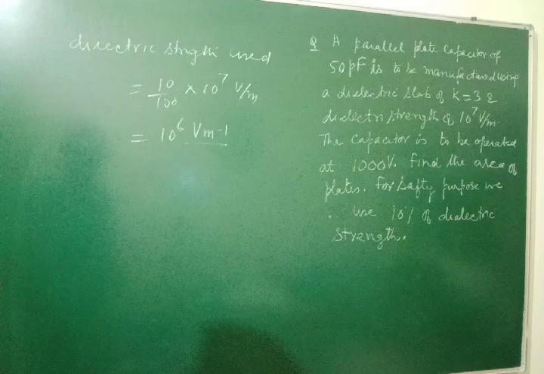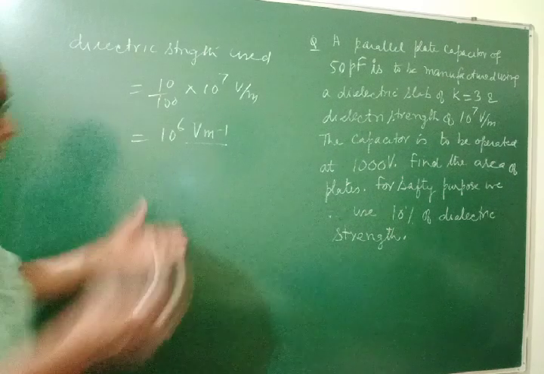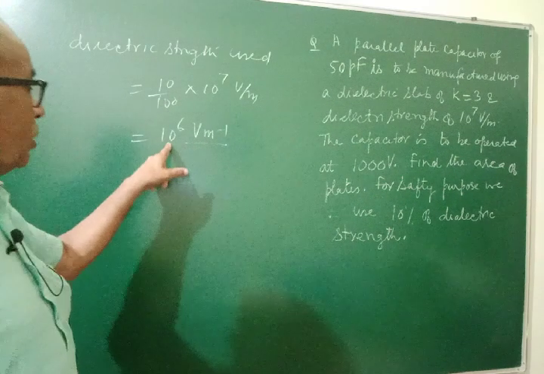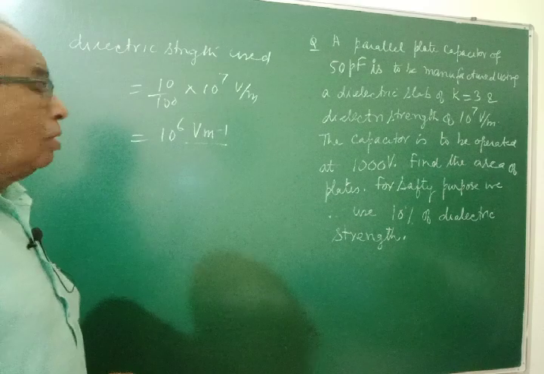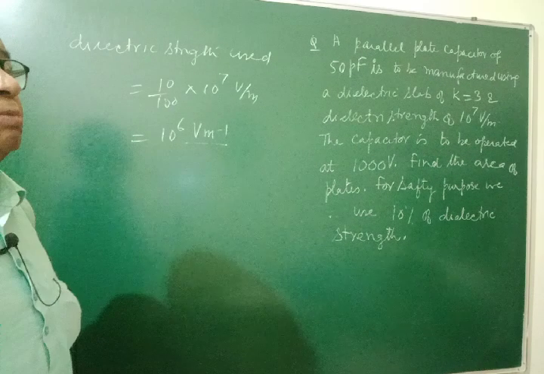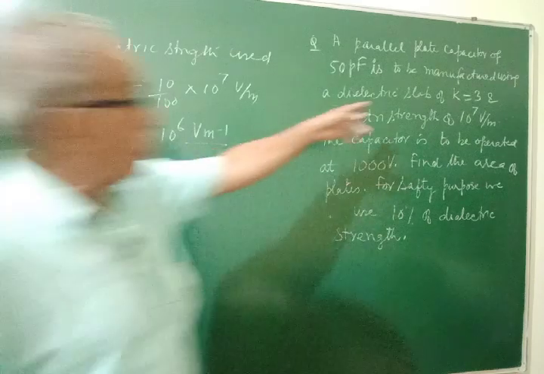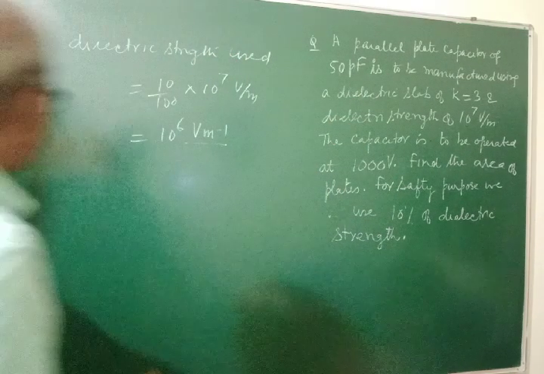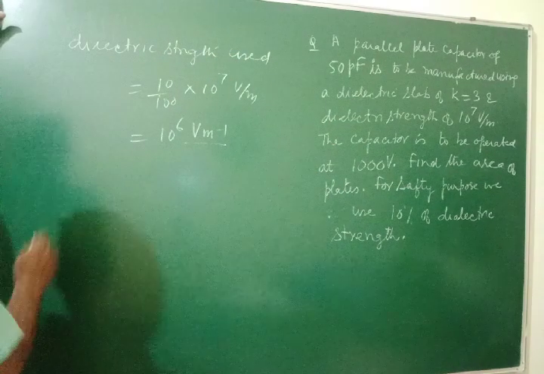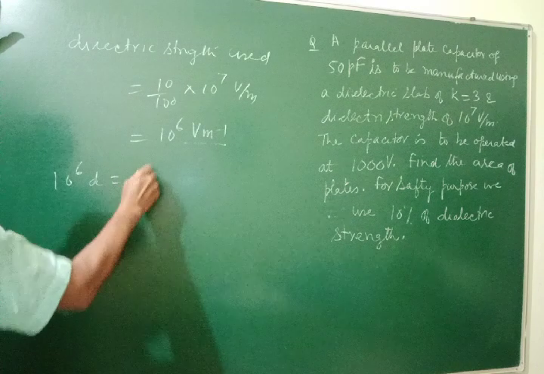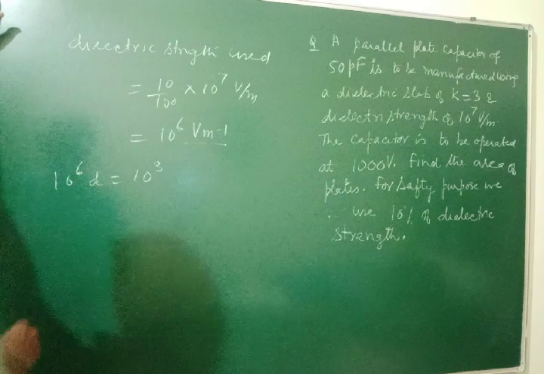A slab of thickness 1 meter can tolerate a potential difference of 10 to the power 6 volt. Here the thickness of the slab is not given. Let D be the thickness, then 10 to the power 6 into D should be 1000 volt.